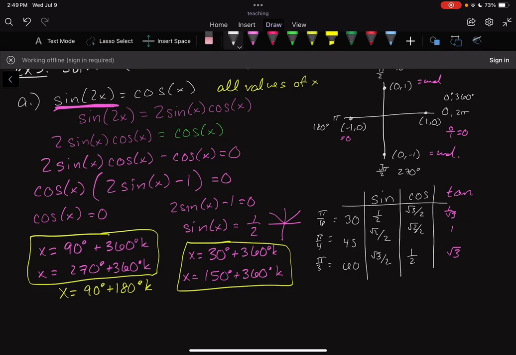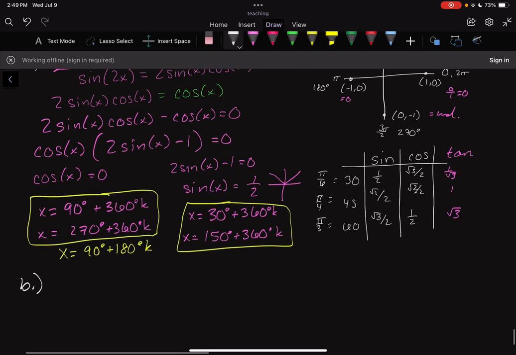Let's do another one. This one says tangent 2x plus tangent squared x is equal to secant squared x minus 1.